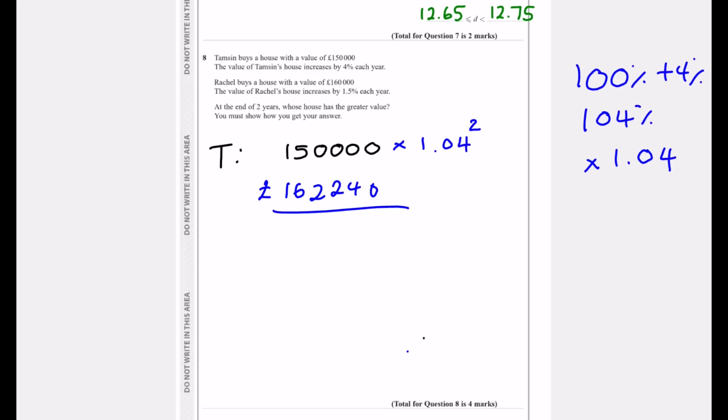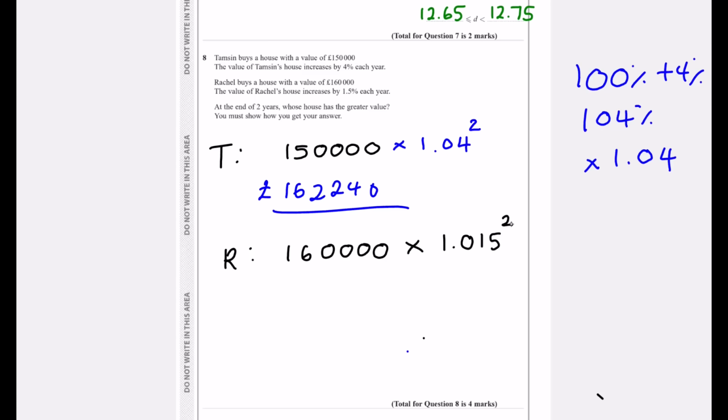So we've added on 4% for the first year, and then added on 4% again to that new amount for the second year. And for Rachel, it started as 160,000. We're adding on 1.5% each year. So at the end of each year, we've got 101.5%. So that's 1.015 as a decimal. And again, we're adding on 1.5% and then adding on 1.5% again to the new amount.